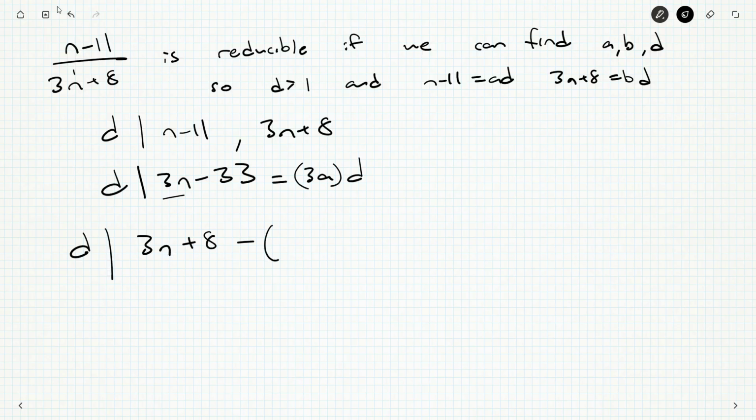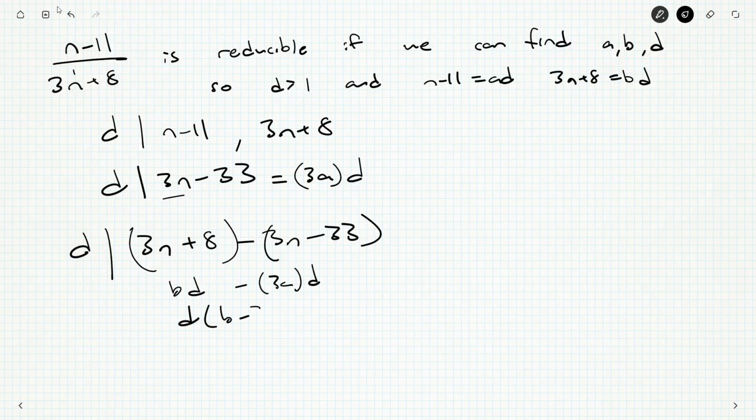So if I subtract them, here I'm doing bd minus 3ad, which is really just d times (b minus 3a), so it still is a multiple of d. But now the 3n's go away, and I'm left with 8 plus 33, or 41. So d has to divide 41.